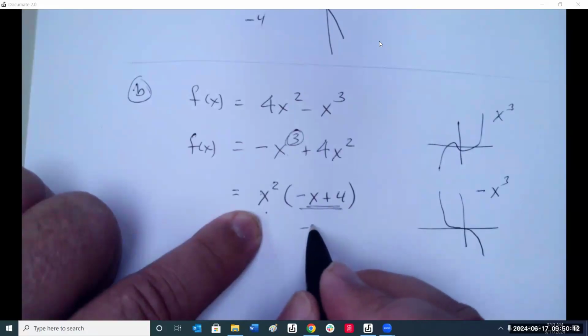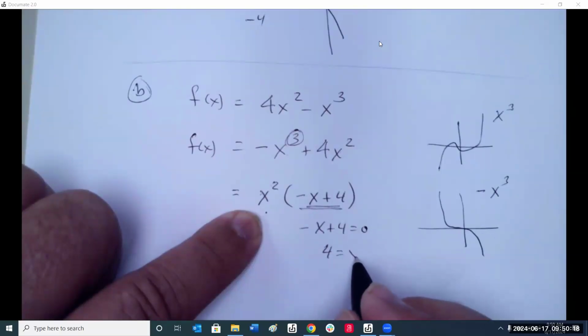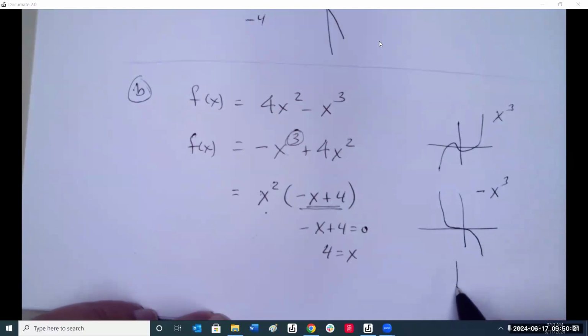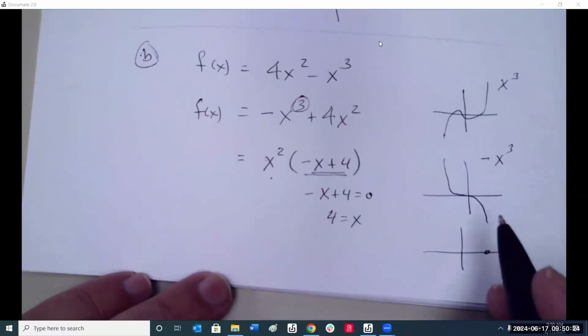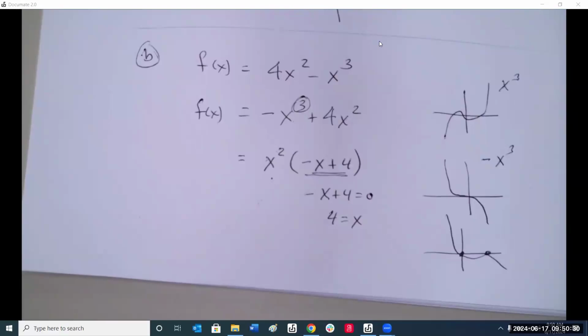Set this one equal to 0. X equals 4 and x equals 0. Okay.